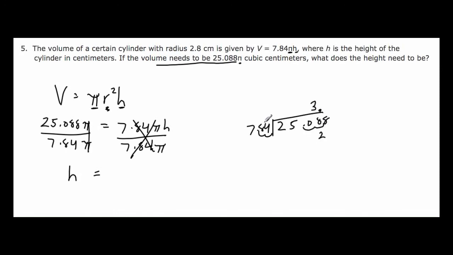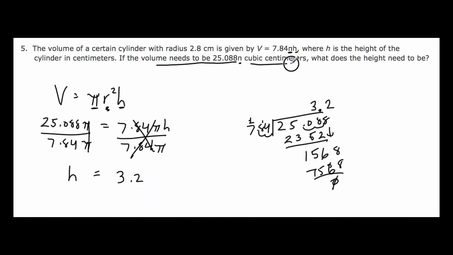That's 12, 1, 24, 25, 2, 21, 23. Subtract, I get 156. Bring down the 8. 784 goes into 1,568 twice. That's 8, 16, carry the 1, 14, 15, and it comes out even. So 3.2, and what's our label? We're talking about cubic centimeters, so our height would be just centimeters.